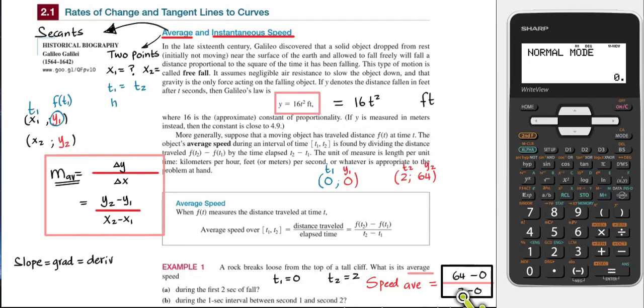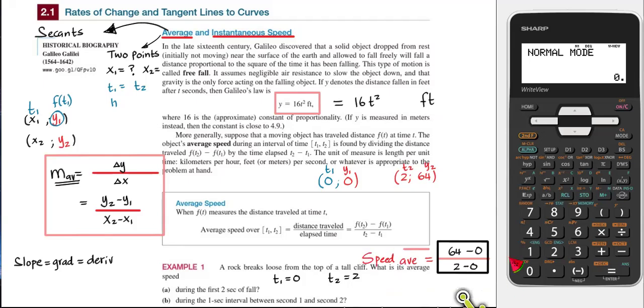Yeah, there it is. It's going to be 64 divided by 2. Can you see that? Yes. Which is, I think, 32. Yes, there it is. So our answer is 32.